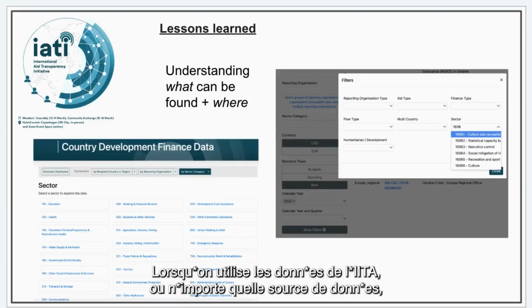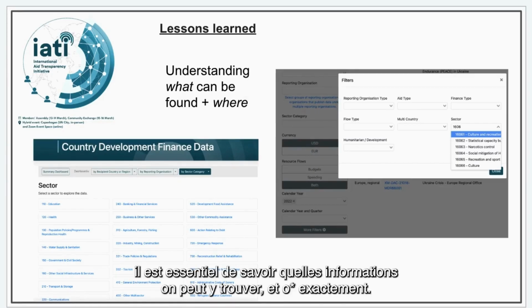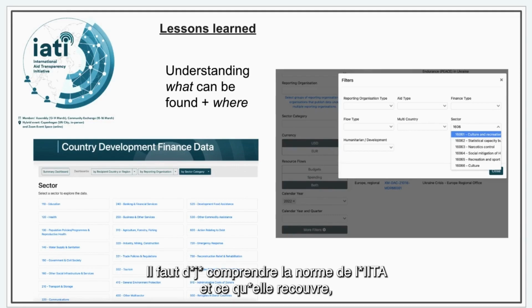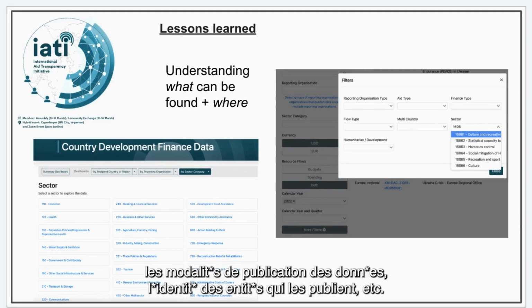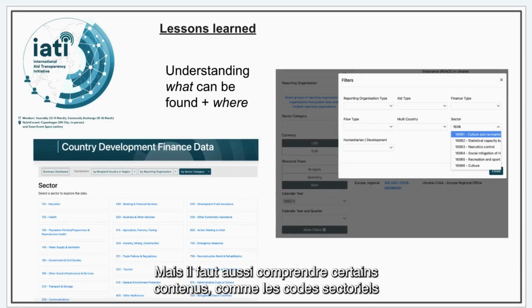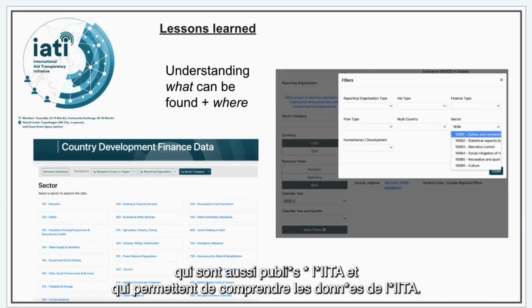Now, it's crucial when working with IATI, but also with any data source, to understand both what can be found and where, and both the what and the where do take time to learn. It means things like understanding the IATI data standard itself and what it contains, how publishing happens, who publishes, etc. But also things about contents like sector codes and their descriptions that come from the OECD and their code lists, but are also in IATI and important to understand IATI data.